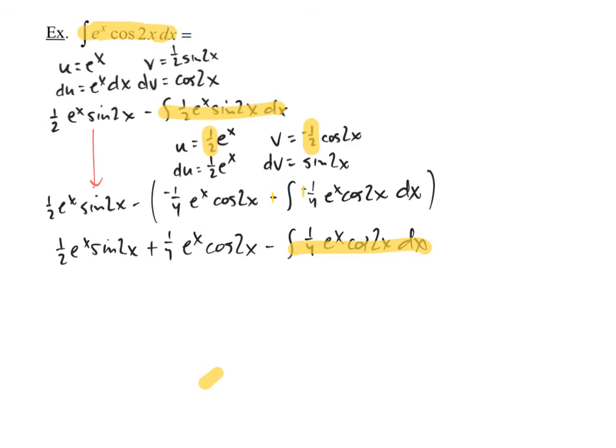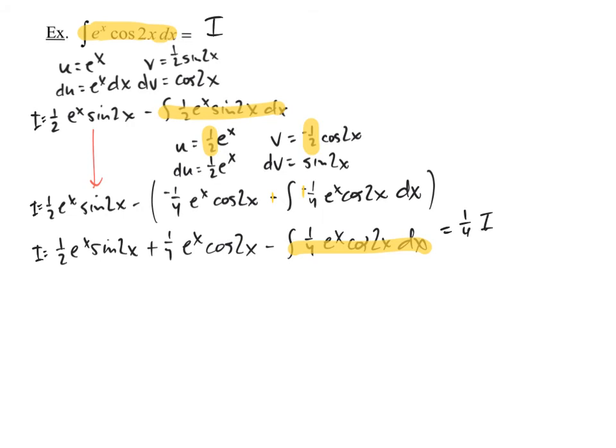So I'm going to call the original integral some variable name. I'm just going to be real clever here and call that integral capital I. So this whole time we've been doing I is equal to, I is equal to, I is equal to. And now this highlighted thing that I have down here at the bottom is going to be 1/4 of I.